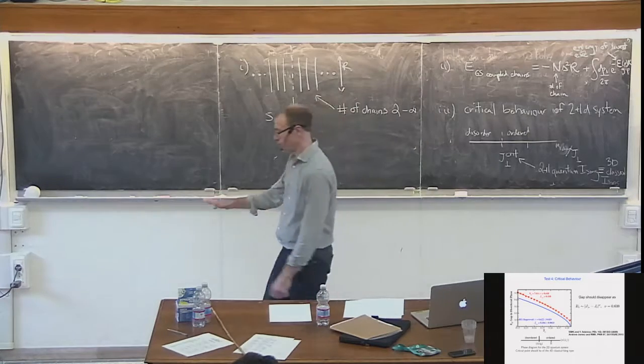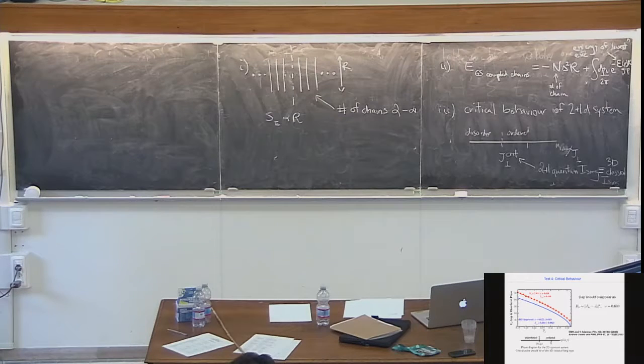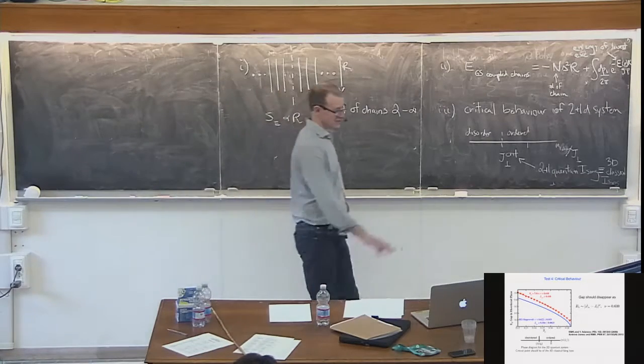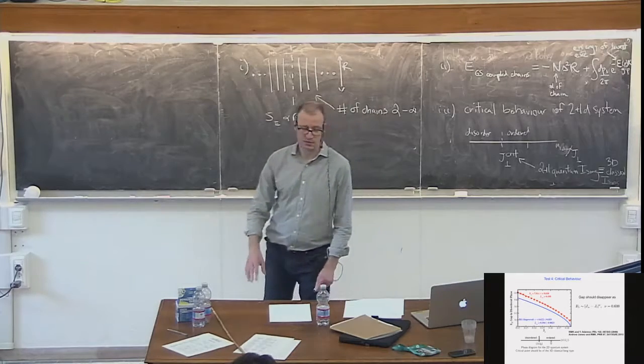Again, when this work was done, it was nowhere near the same accuracy of the critical exponents as Monte Carlo could do, and it's certainly nowhere near as accurate as conformal bootstrap, but you're within a few percent.